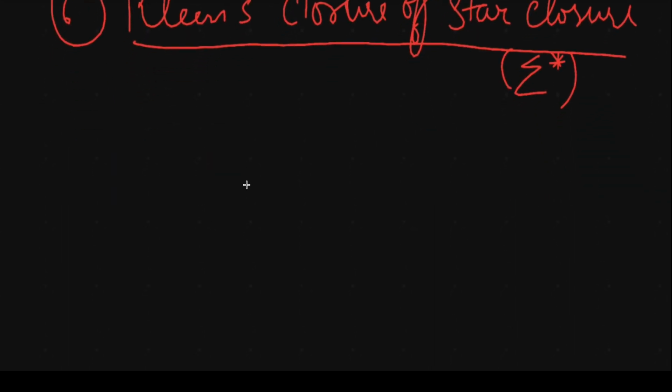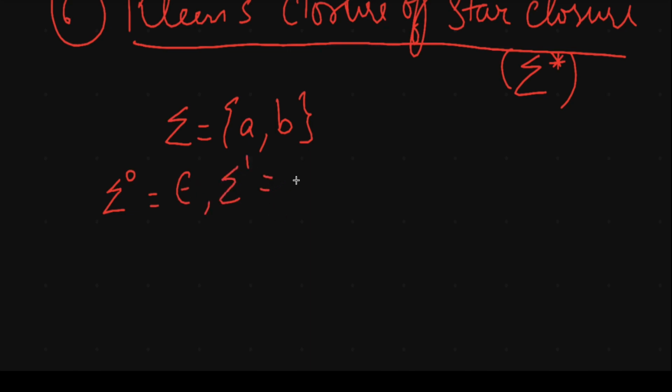Suppose there is an input alphabet A B. Suppose sigma power of 0 would be epsilon, sigma power 1 would be A or B, sigma power 2 would be AA, AB, BA, BB.